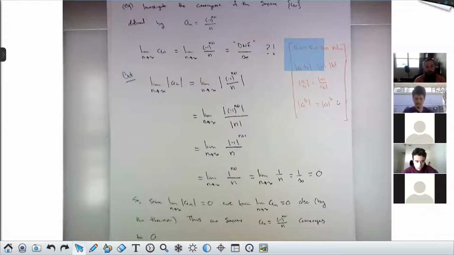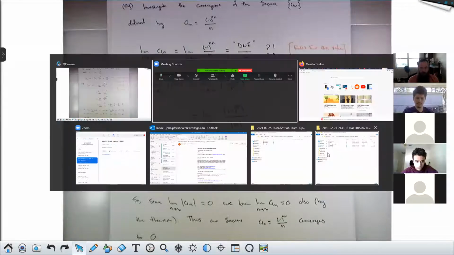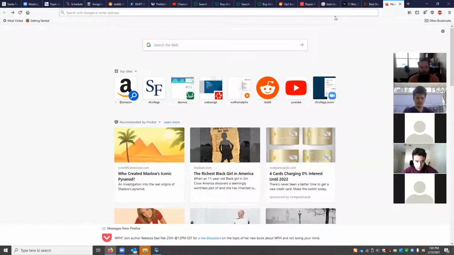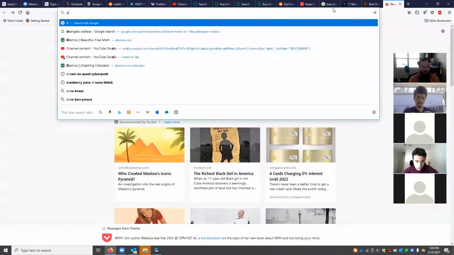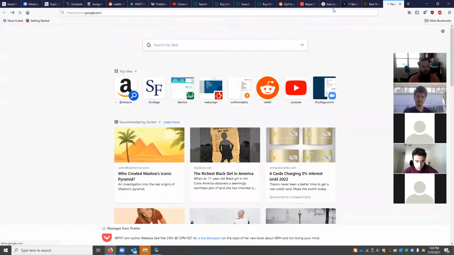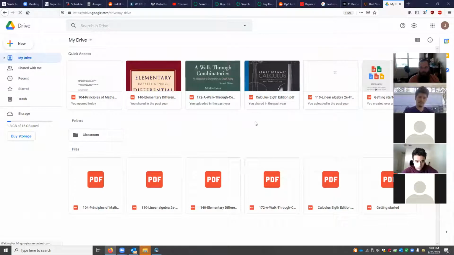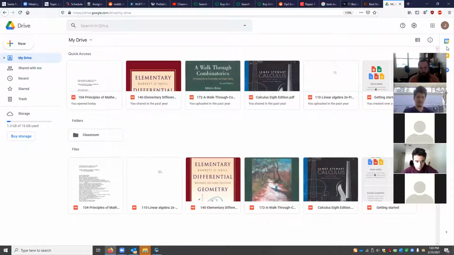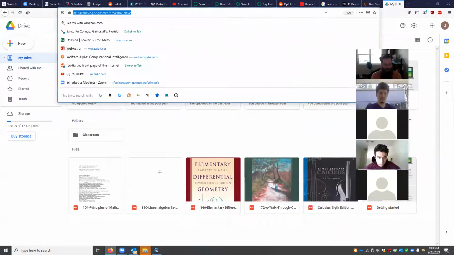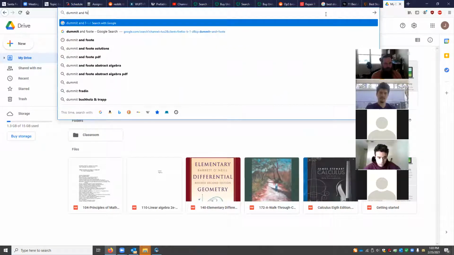The proofs of these sort of things you will find in a book that all future mathematicians need to read. I've got a hard copy of it.